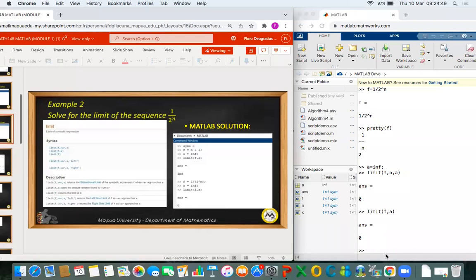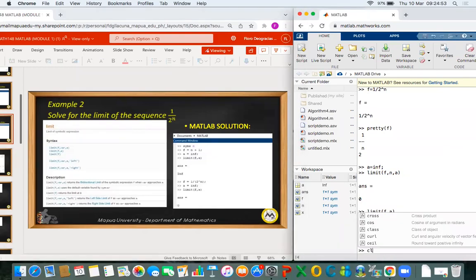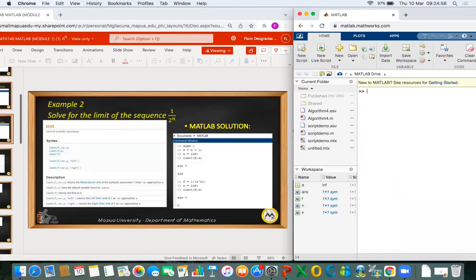Okay, let's have another example. So CLC. Let's think of a function. Let's say syms variable x and the function that we're going to evaluate is f equals 3x cubed.